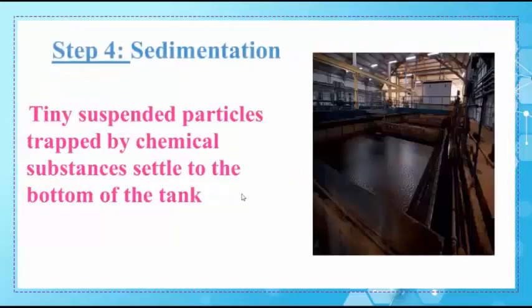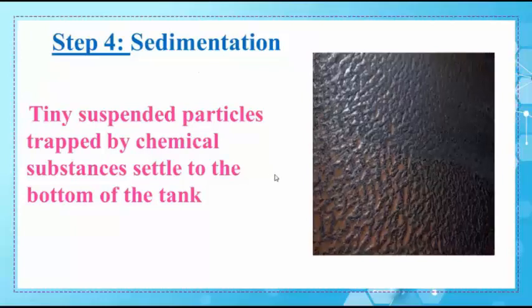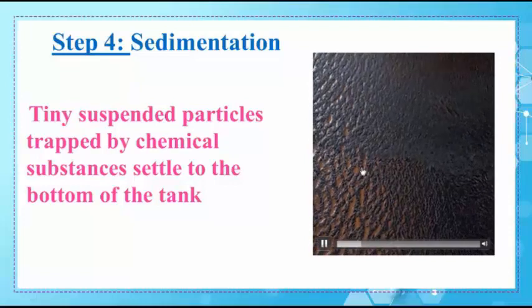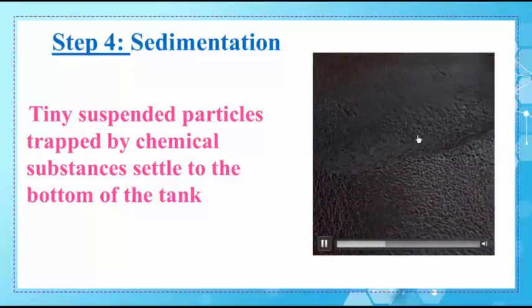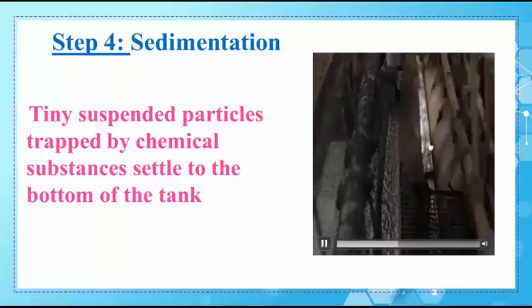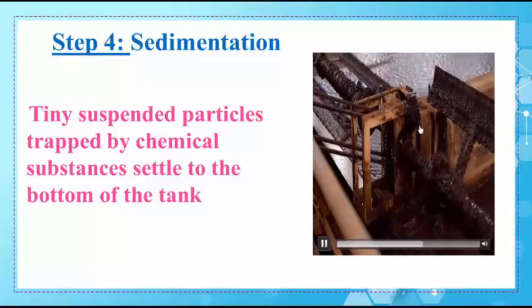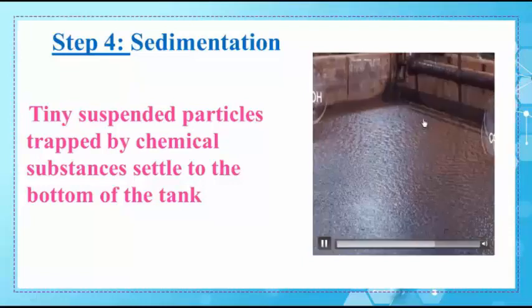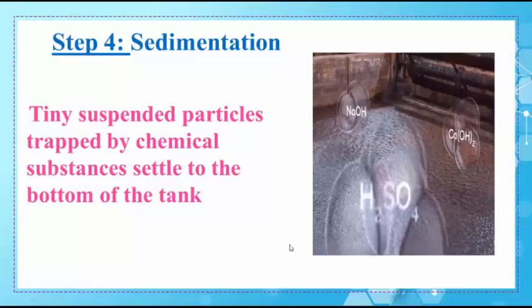Step 4. Sedimentation. During sedimentation, the tiny suspended particles trapped by the chemical substance settle to the bottom of the tank. Since these particles become heavy, they cannot stay in the water, so they go down and settle at the bottom of the tank.